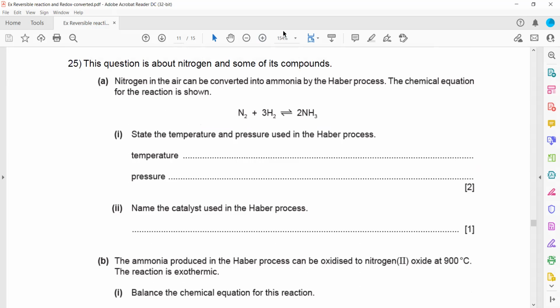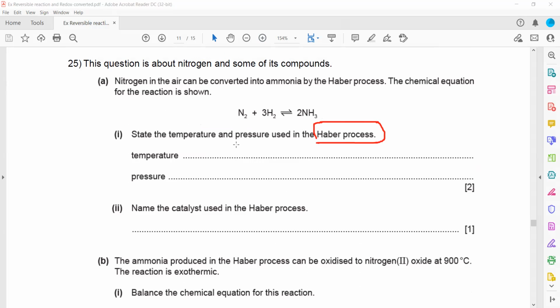Then this question is about nitrogen and some of its compounds. Nitrogen in air can be converted to ammonia by the Haber process. State the temperature and pressure for Haber. This part is related to chapter 12, so you will learn that temperature and pressure. I'm writing the values directly, but you have to memorize them, not now, in that chapter.